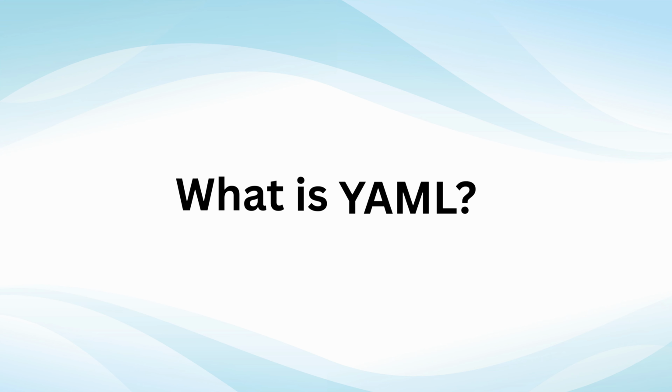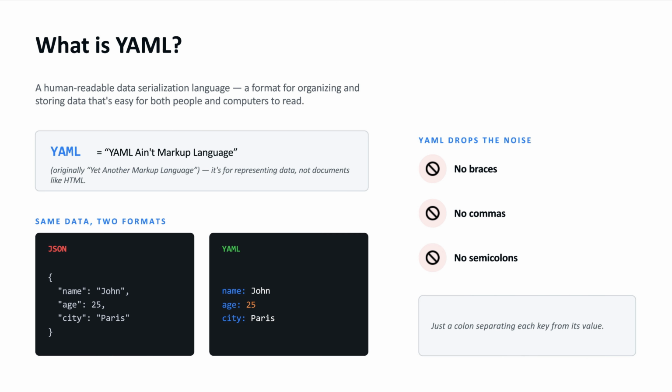What is YAML? YAML is a human readable data serialization language. That simply means it's a format used to organize and store data in a way that's easy for both humans and computers to understand. Unlike XML or JSON, YAML was designed to be clean, readable, and easy to edit.